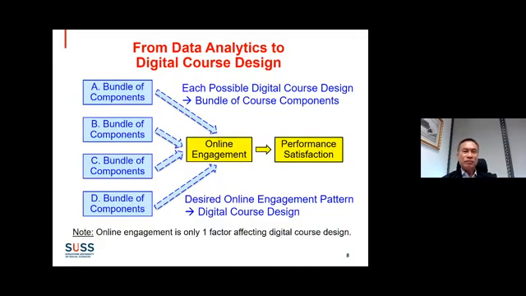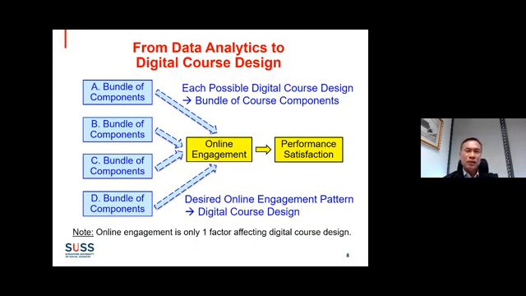This diagram here shows the different feasible ways that we can bundle instructional materials, activities, and instructions to create a particular course design. In this example, I've got 4 different bundles of components that I call A, B, C, D, and each of these will represent a particular course design for an online course or a digital course.